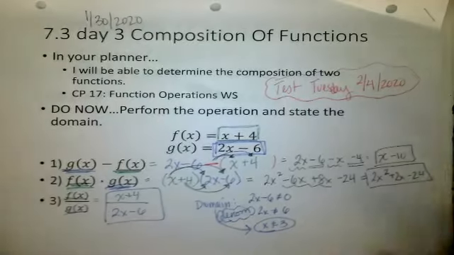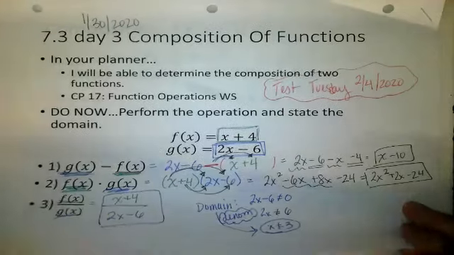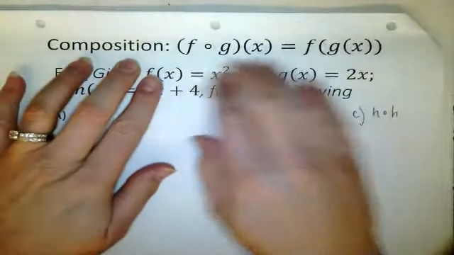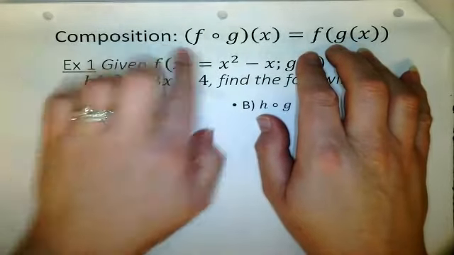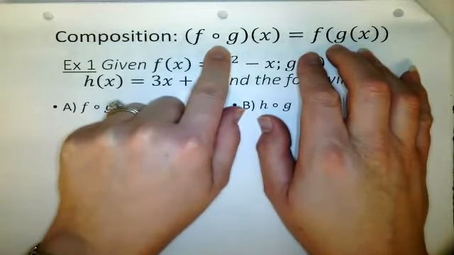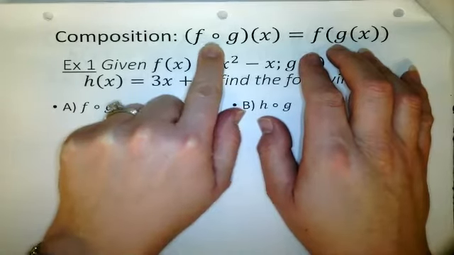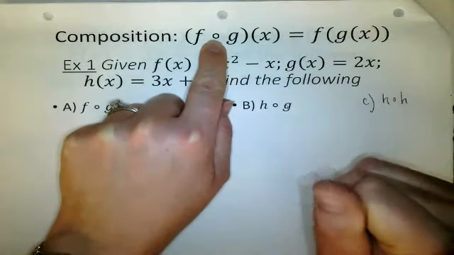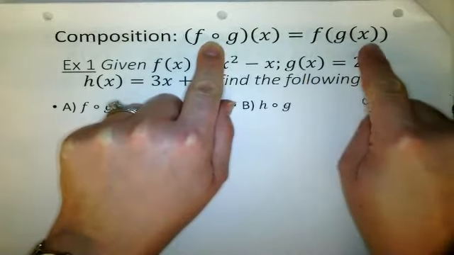All right, so that's what we did yesterday. And today we're composing functions, stuffing one function into another function. So here we go. Let's see that. Write this down. This is the notation. So a composition, we see f circle g. It's not an O. This is the symbol that means to compose the functions. And I much prefer writing it this way.